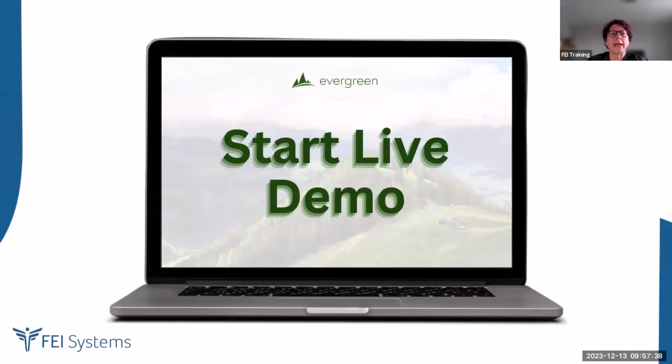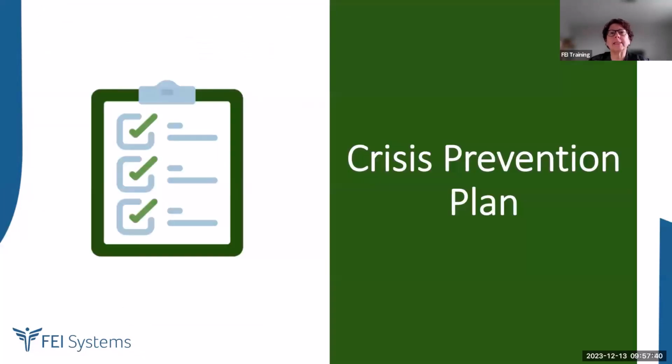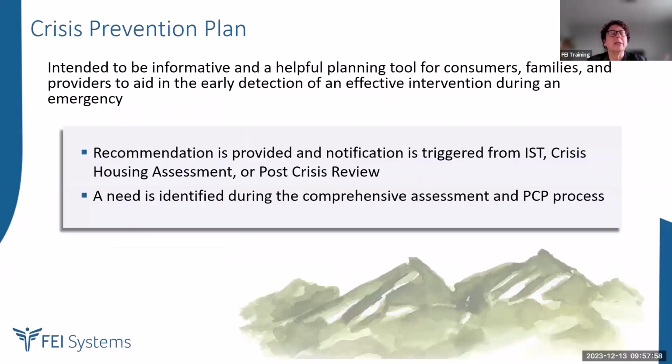Okay, I want to come back here now. We're moving into the crisis prevention plan. And you're going to see that this form displays information from other forms and sections of the system. Again, this is going to eliminate the need for you to go and search for existing information and re-enter it.